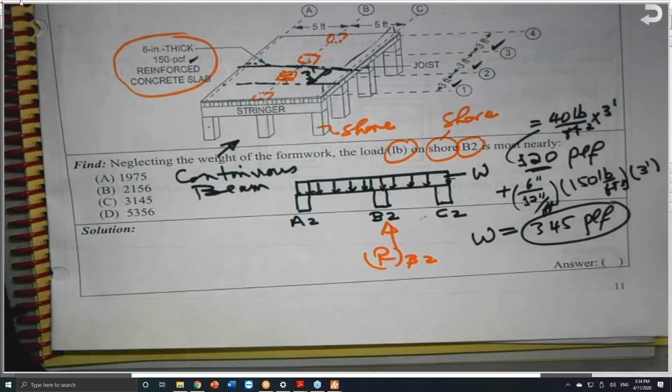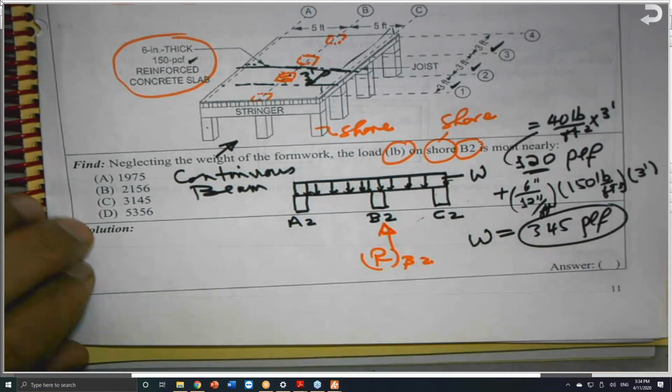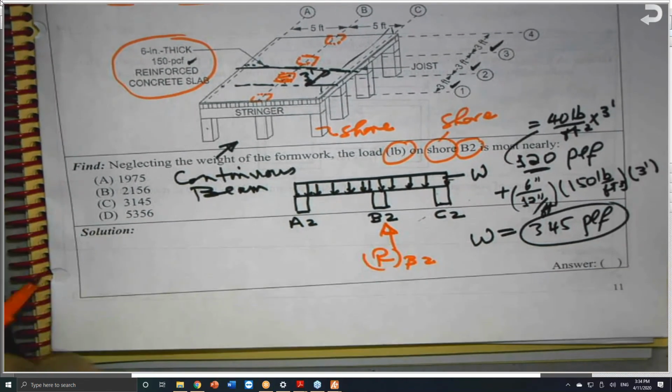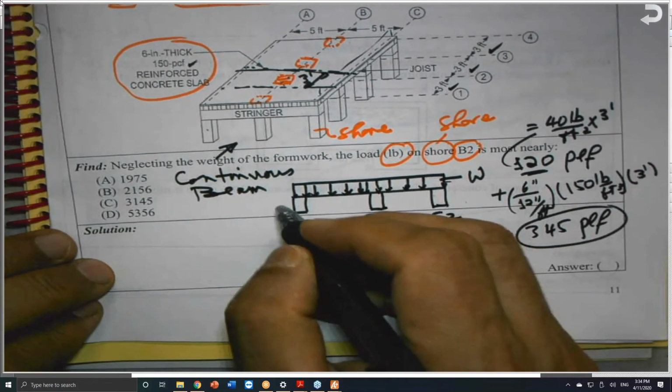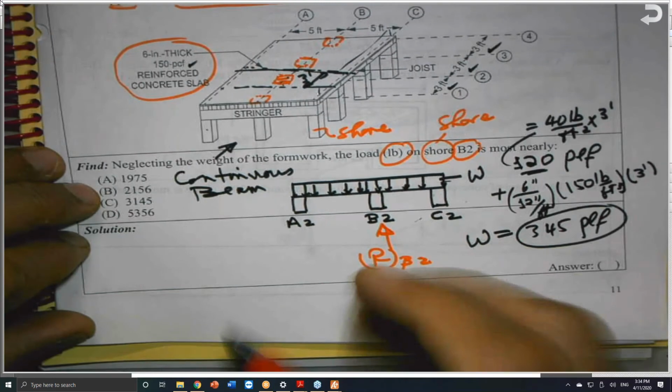How to find the reaction? Oh, piece of cake. This is statically indeterminate, by the way. You cannot solve it easily during the exam because you have no time.